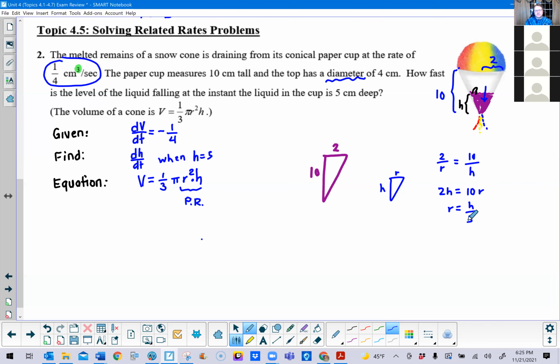Why is r so necessary to be solved for? Well, if you look through the problem here, what's mentioned most? h. What's never mentioned? r, or dr/dt for that matter. So r is the bad variable that we are going to remove and replace with this h over 5. Just like that.